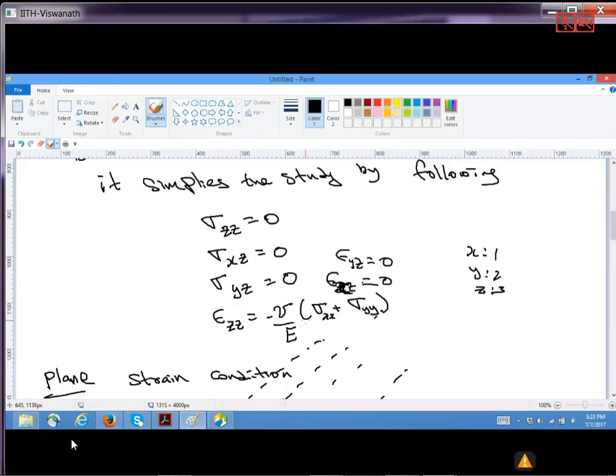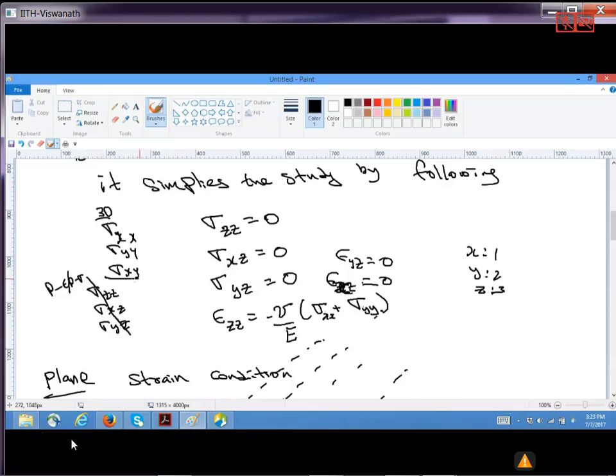Now, in 3D analysis you need 6 independent components: sigma xx, sigma yy, sigma xy, then sigma zz, sigma xz, sigma yz. But if you make plane stress or strain, these things are either zeros or dependent on something else.